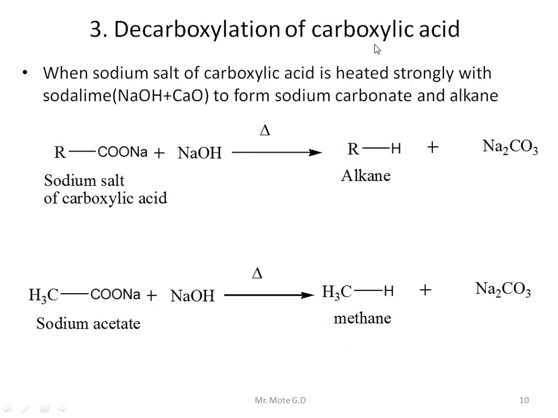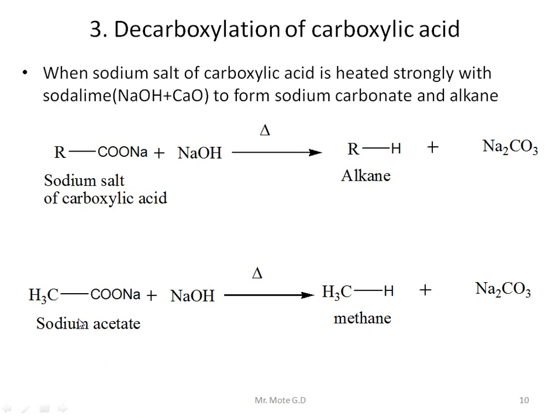Third method, decarboxylation of carboxylic acid. So the sodium salt of carboxylic acid is treated with sodium hydroxide, and initially it will produce the alkane. How it will, we will see. Na2CO3 will be formed, and this hydrogen atom goes there to form alkane.